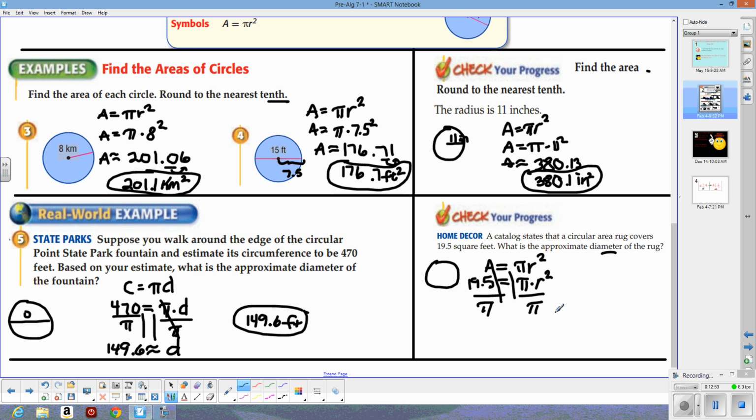So when we take 19.5 and divide it by pi, you're going to get r squared equals about 6.2. Now, if you remember from when we did Pythagorean theorem, to undo squaring, you take the square root of both sides. Square root of r squared is r, and then the square root of 6 2/10 is going to be a not very nice number.